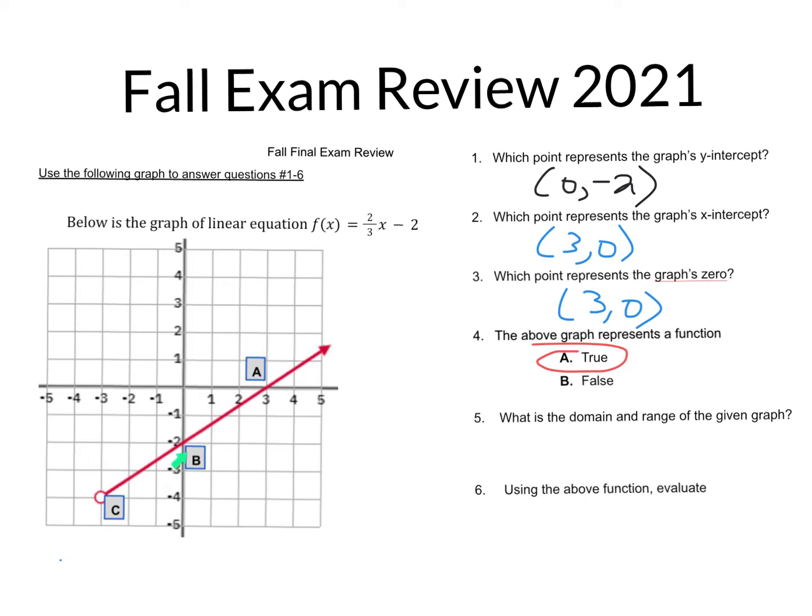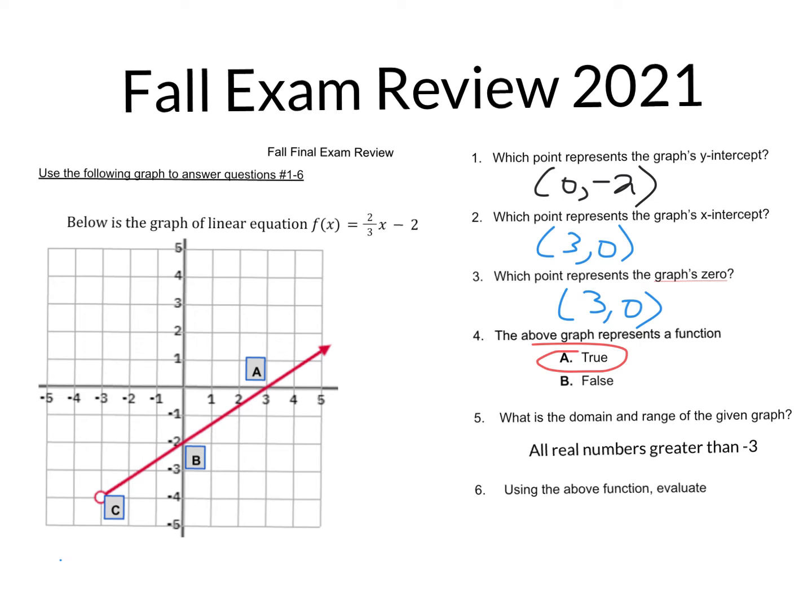So the domain, or all of the x values, are actually all real numbers that are greater than -3. Now this is an open circle, so it can't be greater than or equal to. It actually has to be greater than -3. So there's different ways we could write this out. But one thing we could say is that all real numbers are greater than -3.